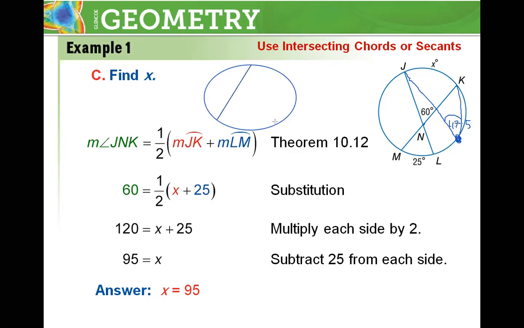Its vertex is on the curve. So if this arc is 100, this will be 50, and so on. But the vertex must be on the curve, and the vertex here is inside the circle. So it's a big difference. Okay, thank you.